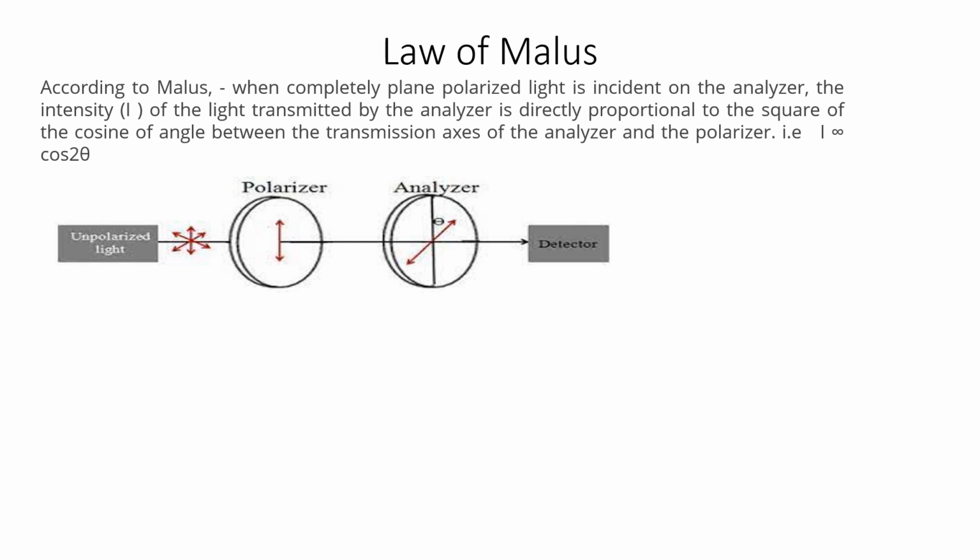Now let us see what is law of Malus. It is about the intensity of light which is emitted by the analyzer. Now consider this is unpolarized light which is incident on this polarizer with vertical plane of transmission.